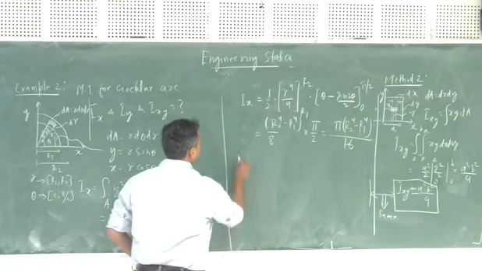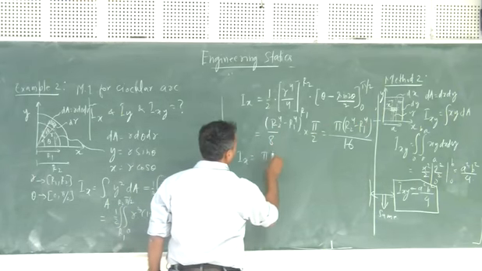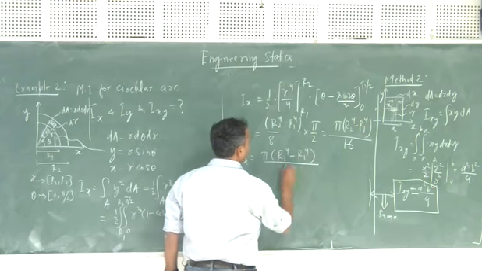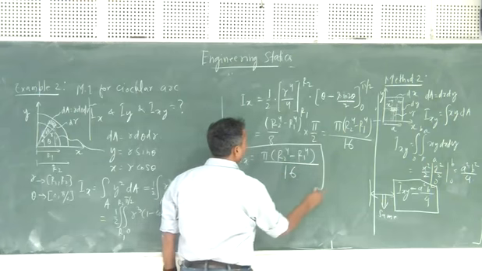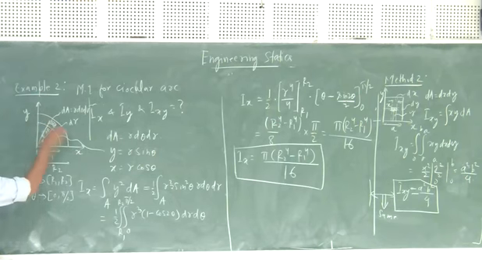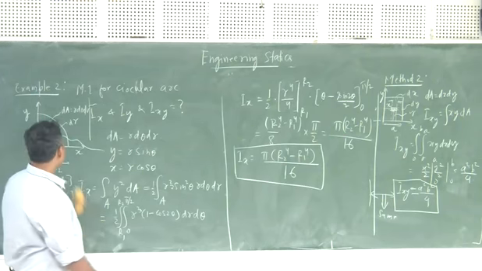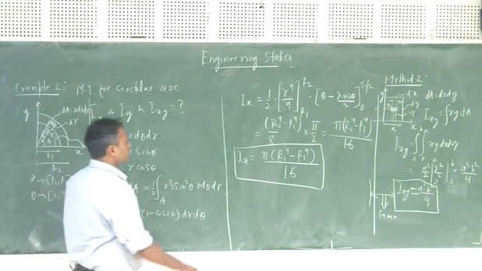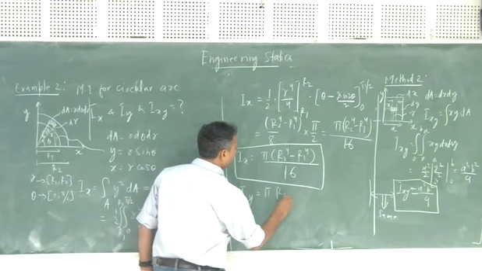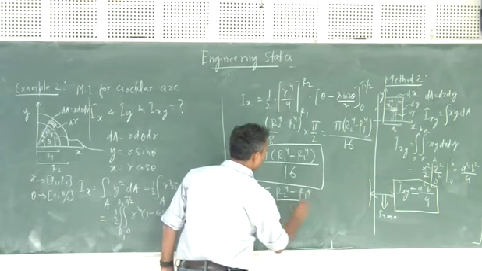So your Ix will be given by pi (r2^4 - r1^4)/16, and this is how you compute the moment of inertia for that arc. Similarly, since it is symmetric, Iy will also be equal to pi (r2^4 - r1^4)/16, right?